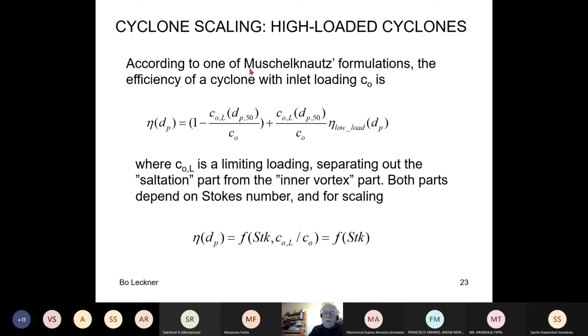But when they do comparisons between different approaches, they found that Muschelknautz's approach is the best. So despite everything, it is worthwhile if you want to know more about the design of cyclones.